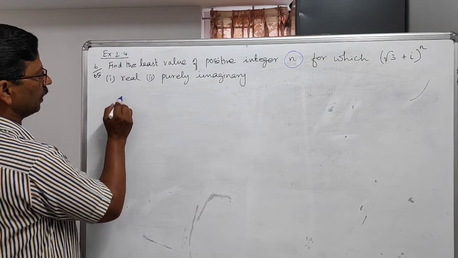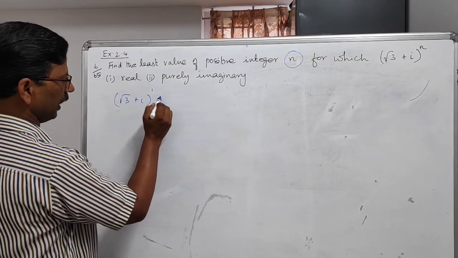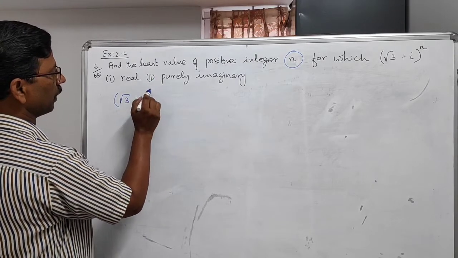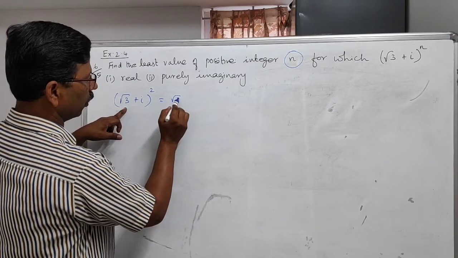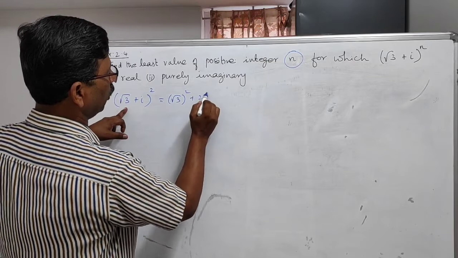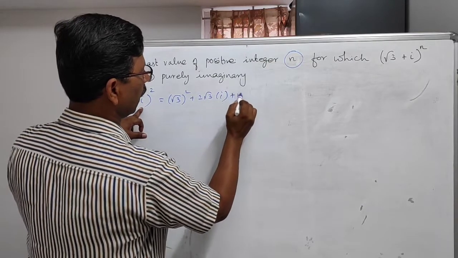Therefore, first let us consider (root 3 plus i) whole power 1, which is the same value, root 3 plus i only. Now let us find (root 3 plus i) whole square. This is (a plus b) whole square, that means a square, root 3 square, plus 2ab, that is 2 into root 3 into i, then plus i square.